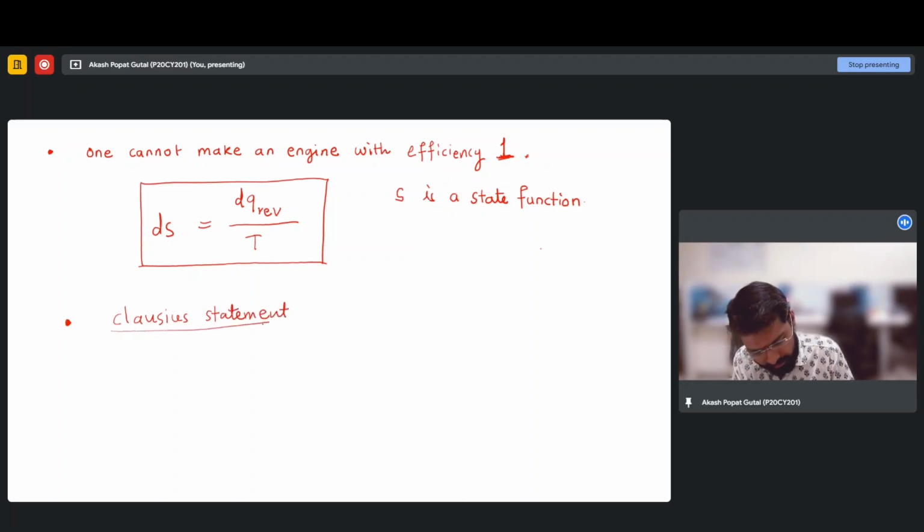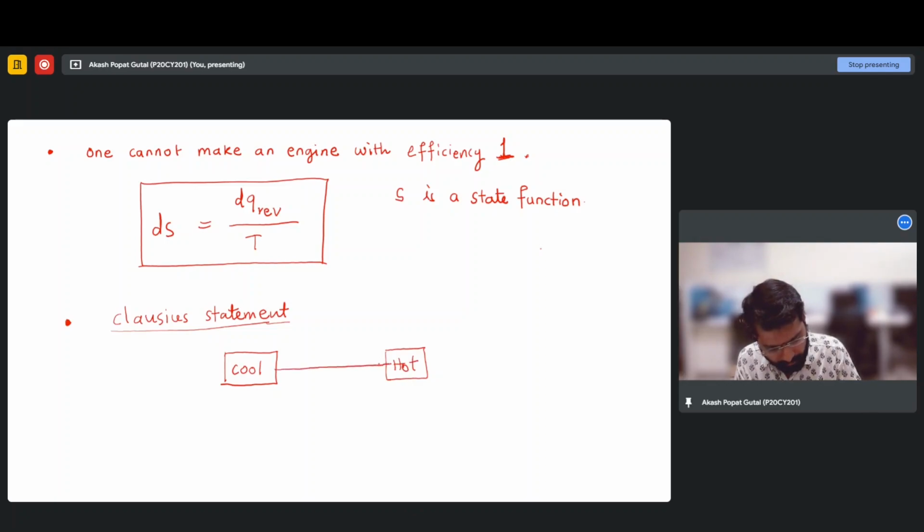The Clausius statement says that the spontaneous flow of heat from a cool body to a hot body is never possible.